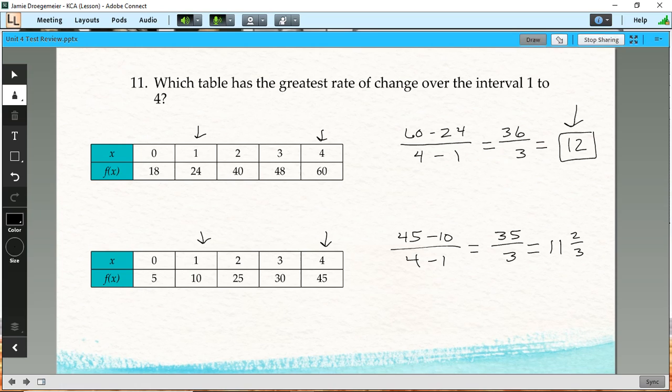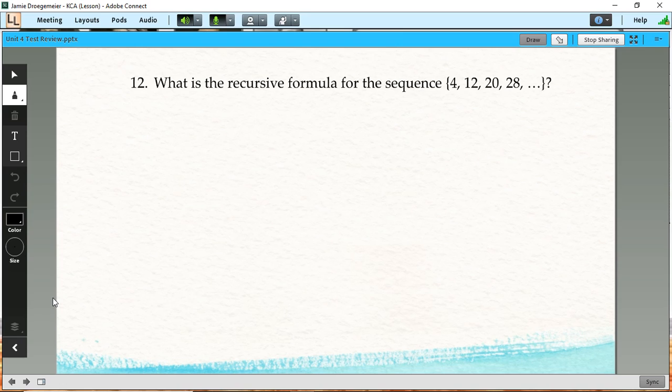All right, we're hitting the back stretch here. Let's move on to number 12. All right, again, asking us to do a recursive formula. And so with this one, we find that first value in the sequence, f of 1, is 4.